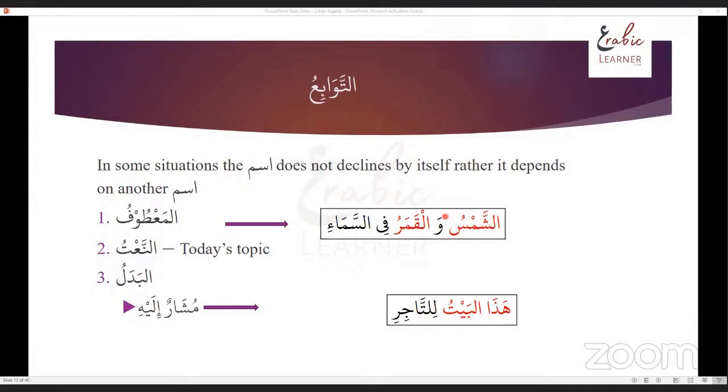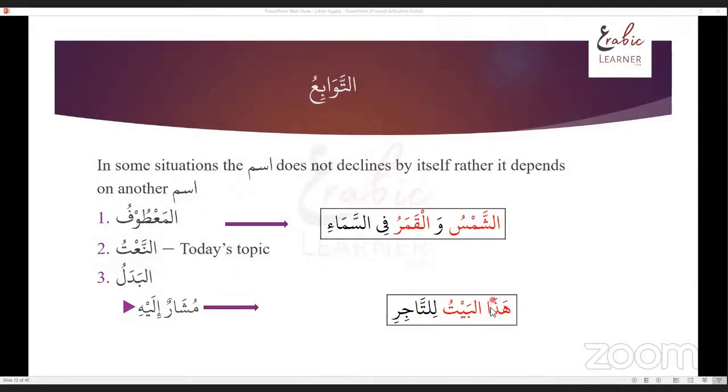They are different people, so it's plural. Ma'tuf doesn't follow the other things, but only the i'rab. But naat follows all the four properties. Musharun ilayh follows all the four properties.